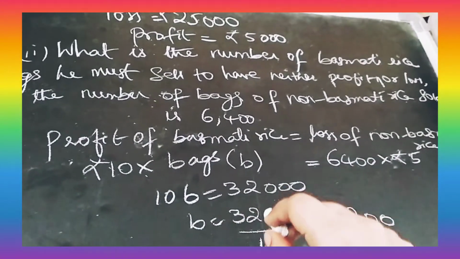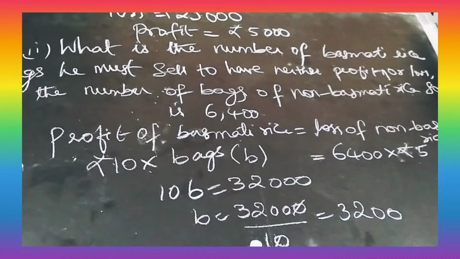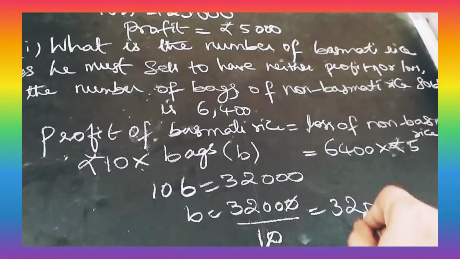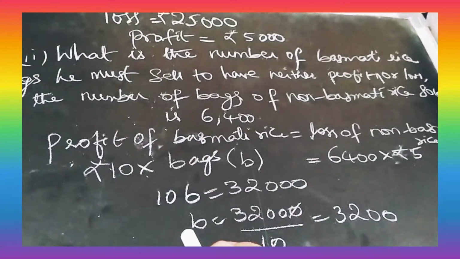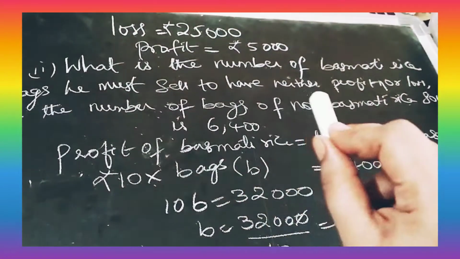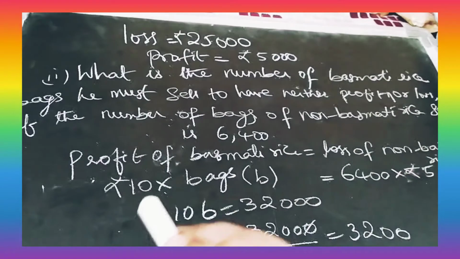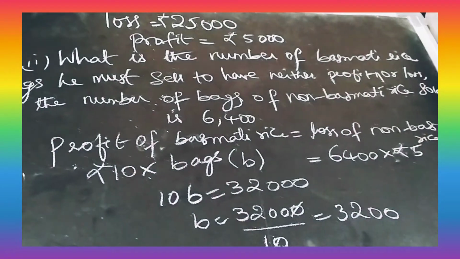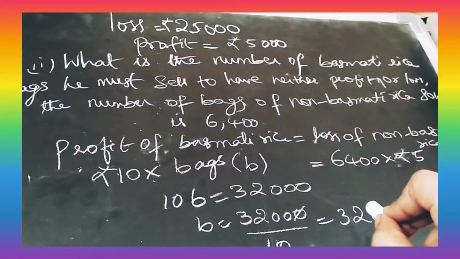Now B is equal to 32,000 by 10. Zero zero gets cancelled, so 3200. So the number of basmati rice bags he must sell to have neither profit nor loss is 3200.